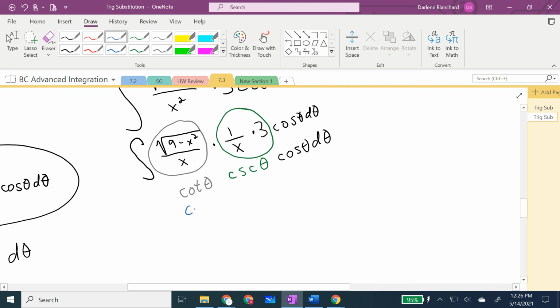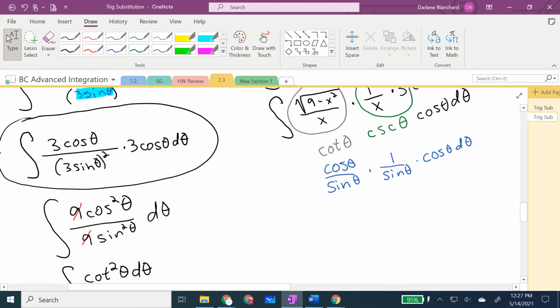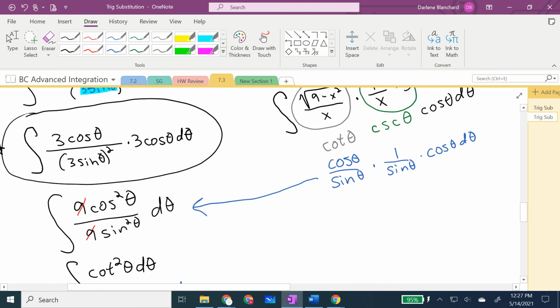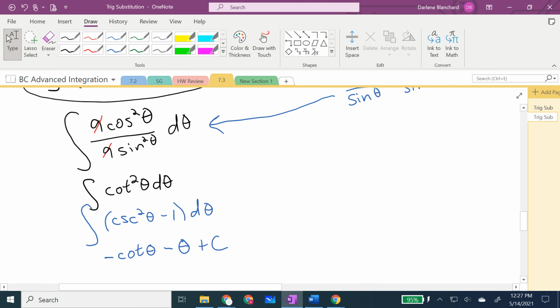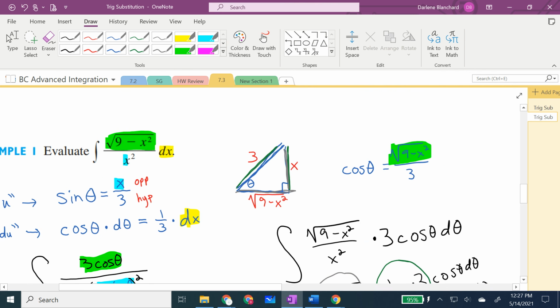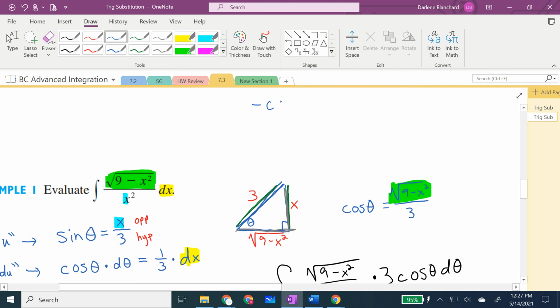So cotangent being cosine divided by sine, cosecant being 1 divided by sine, and then your cosine theta. And that would take you to this point over here, where you could hopefully recognize what to do at that point. So I'm going to take the answer, negative cotangent theta minus theta plus c.